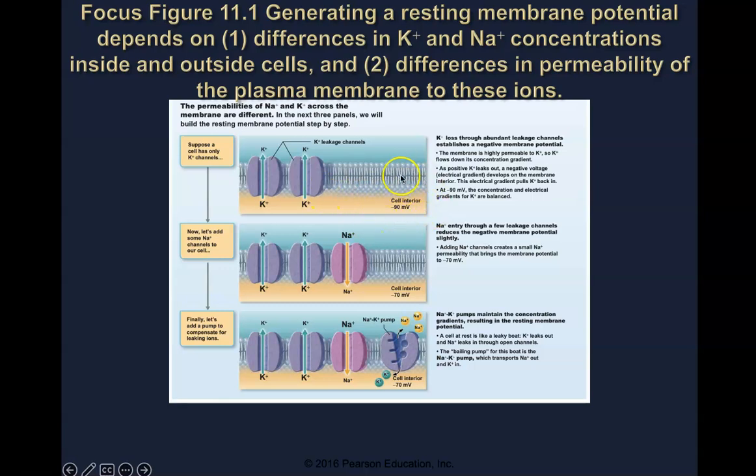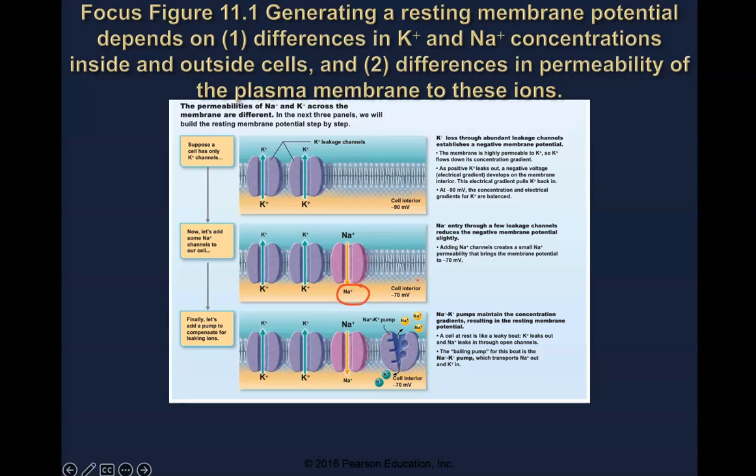Now remember, we have some sodium leakage channels that allow some sodium back in. They bring a little bit of positive charge back into the cell, and that leaves us at right around negative 70 millivolts as we allow some of those positively charged sodium ions back in.